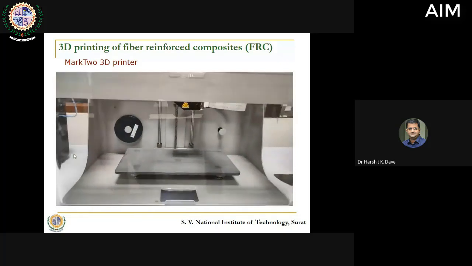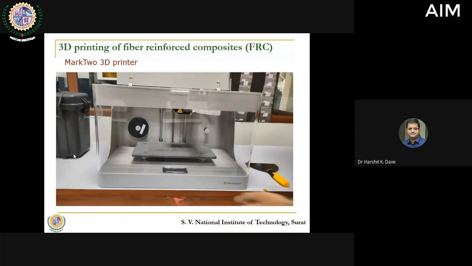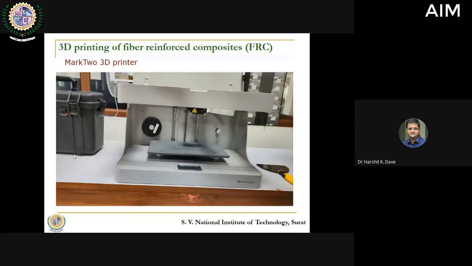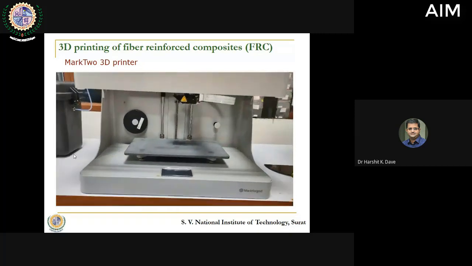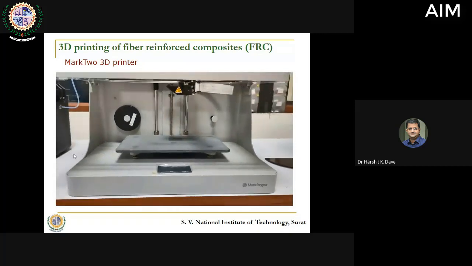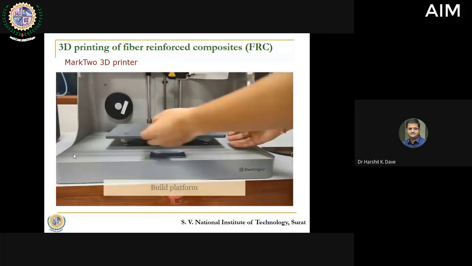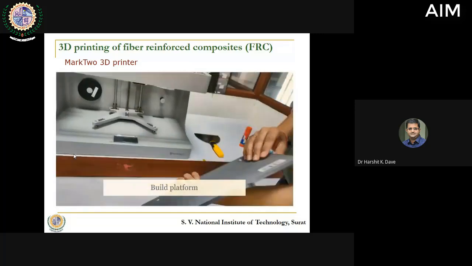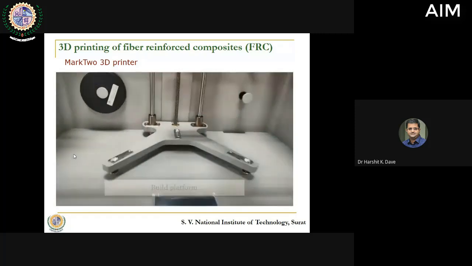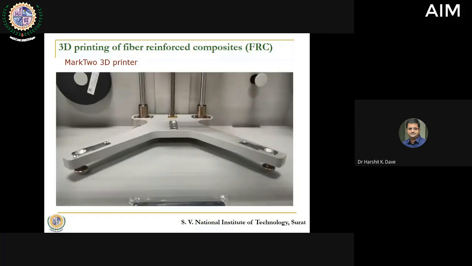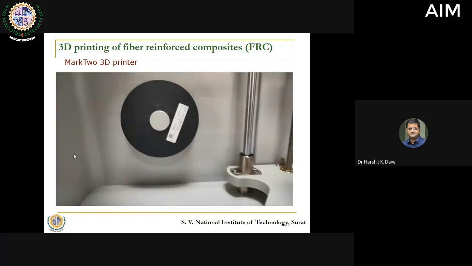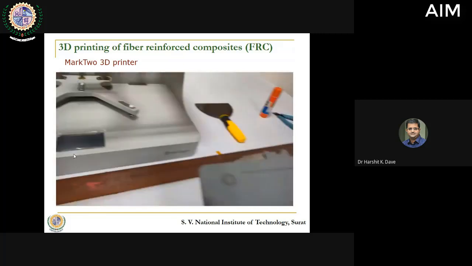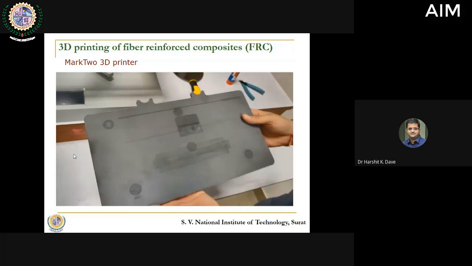Now, as I was saying, the most important part for this machine is its table. The build platform can be separated. Usually that does not happen in the case of other machines. This is a magnetic build platform, so once the part is printed, you can remove the platform and then easily remove the part from it.